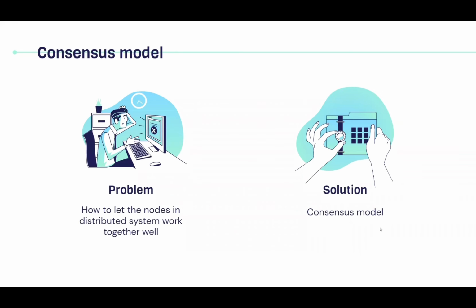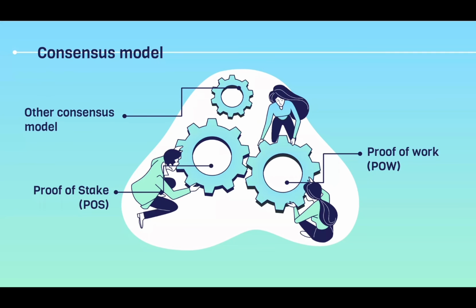As blockchain technology is based on a distributed system, blockchain needs to ensure every node has the same state and keeps it constant, but every node is untrusted by the others and the communication between nodes is not stable. The consensus model is used to solve this problem. The famous consensus model called proof of work is one of the famous consensus models in blockchain.